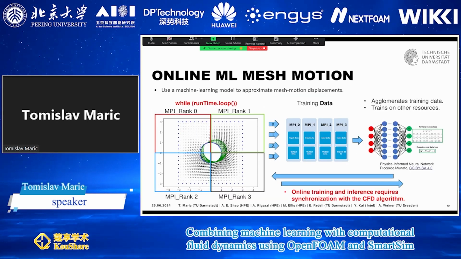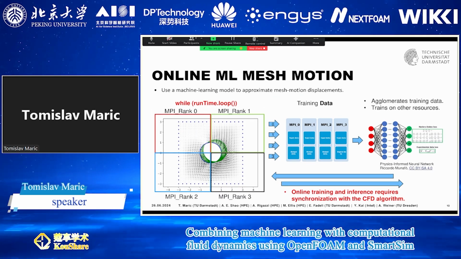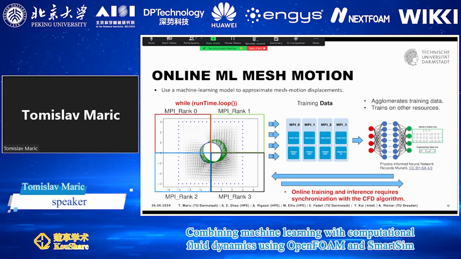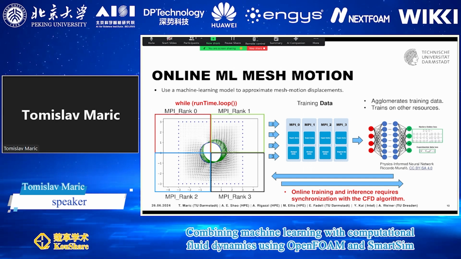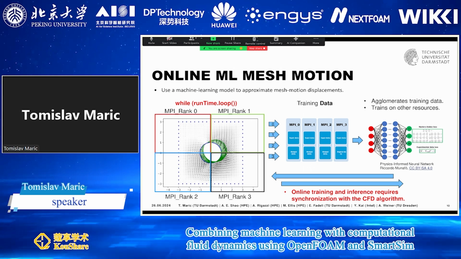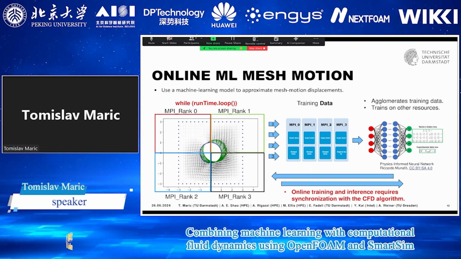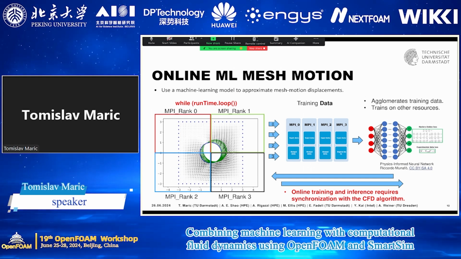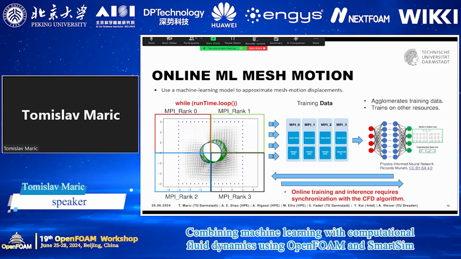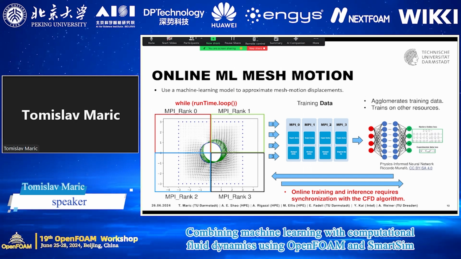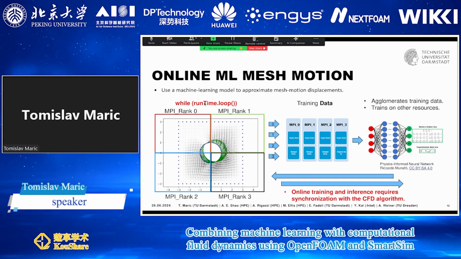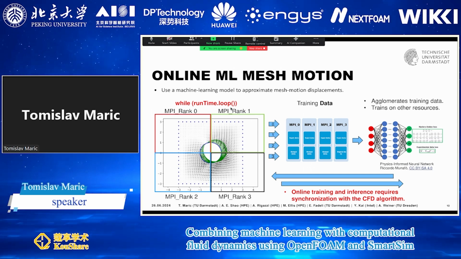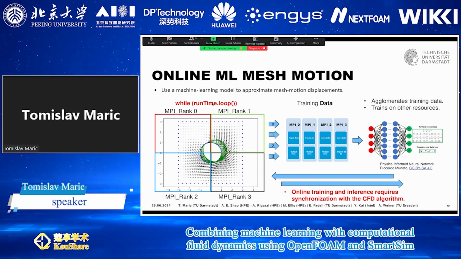The problem I'm going to show you from the OpenFOAM-SmartSim submodule, now in more detail than before, because we managed to push it strongly further compared to the previous OpenFOAM workshop, is online machine learning mesh motion. I would like to approximate mesh motion displacements accurately using machine learning models, which means that on the left-hand side, this iteration I was mentioning is actually a transient iteration in a CFD solver.